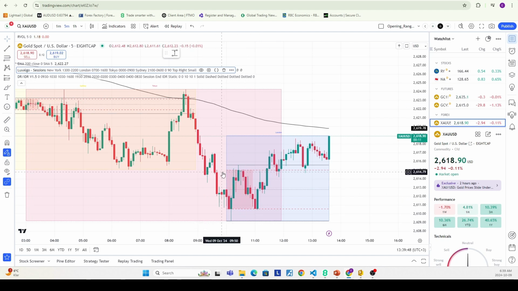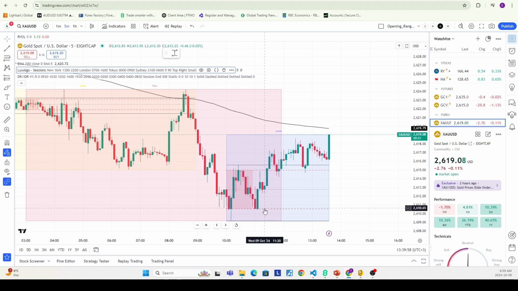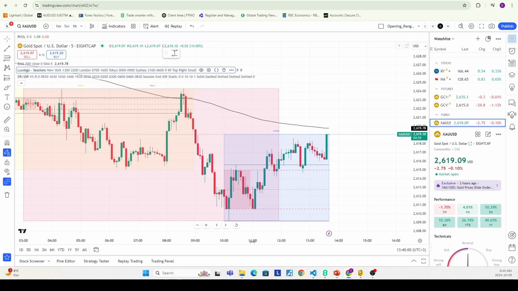So here, this would be a perfect example for a time where a short setup might be deemed appropriate according to the filters, whereas we have a negative intra-session movement, and the inter-session movement is also bearish. But this is an example where you probably should not have taken a short because it did keep going upwards.